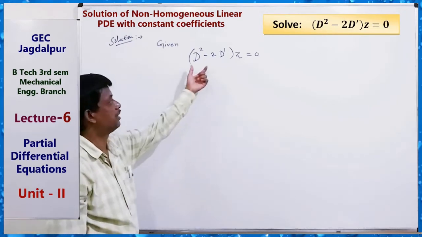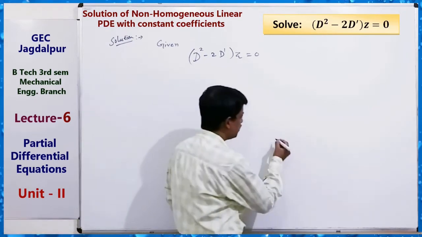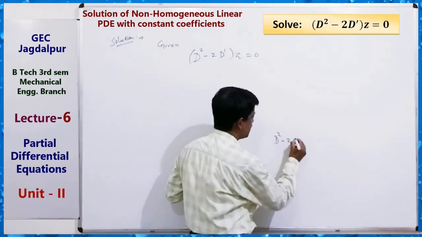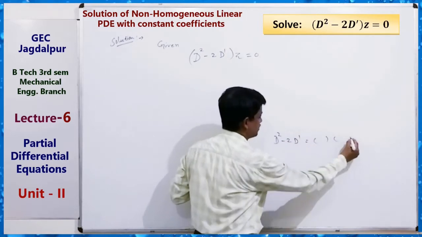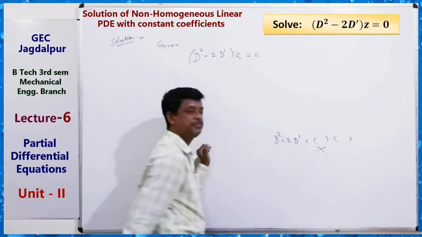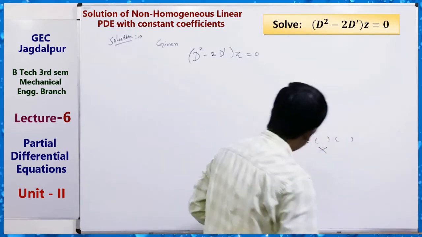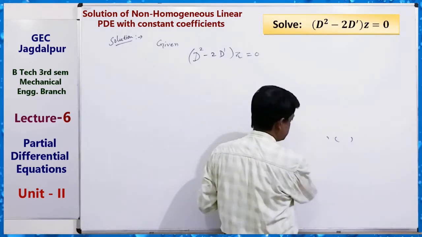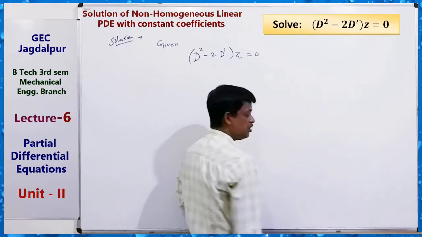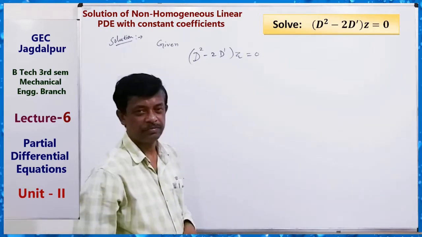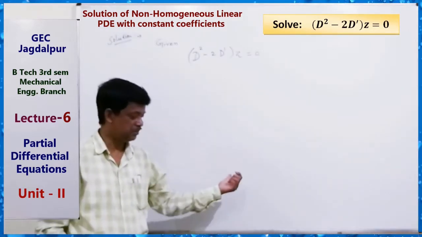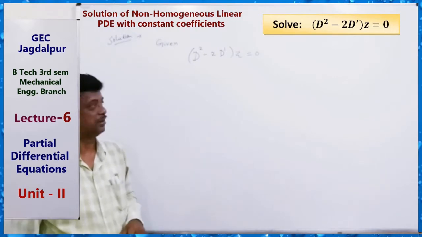It cannot be factorized. Impossible. D square minus 2D dash cannot be factorized. So in this case, we cannot use the previous method for finding CF.